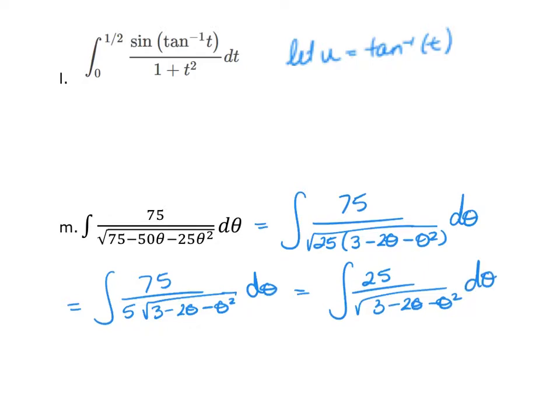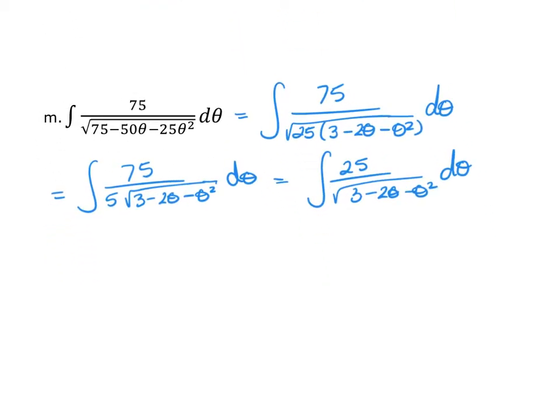Now remember, what I want is a pattern, because I see a square root. In the square root, I want it to look like 1 over the absolute value of u, the square root of u squared minus a number. That's what I'm looking for.